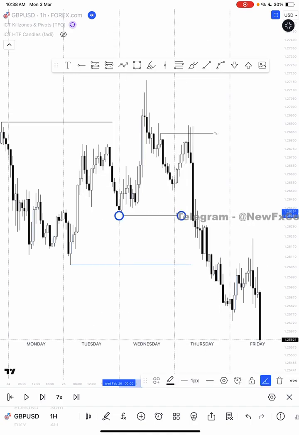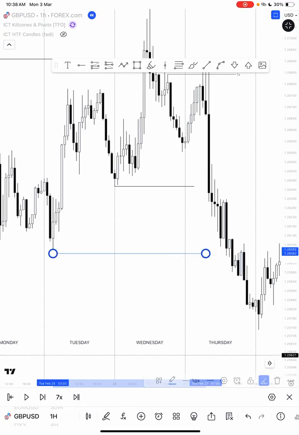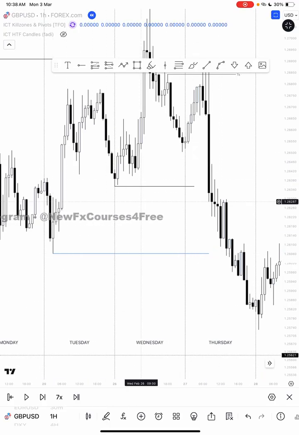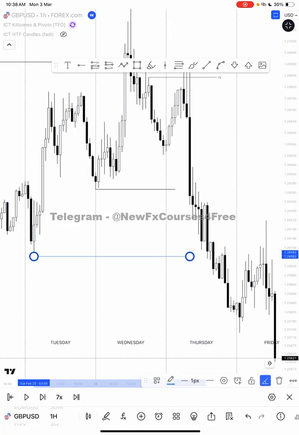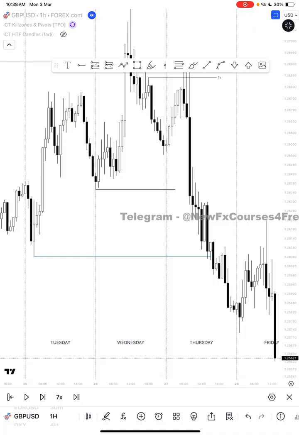So previous day low taken out for our first target. Second target, our Tuesday's low, which is our daily candle range low, which was swept by this move here.